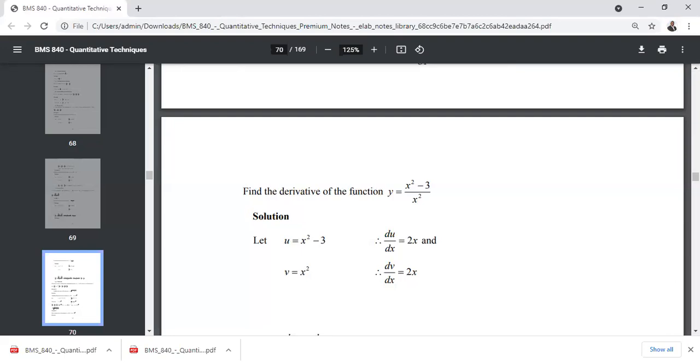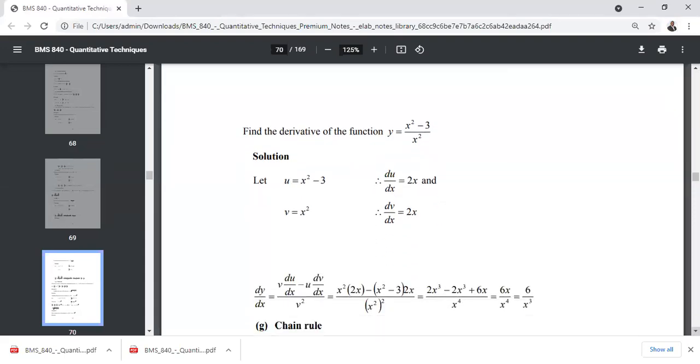So if we supply that in the formula, we're going to get our x squared multiplied by 2x, which is the derivative, minus our v, our u. Our u is x squared minus 3. Then dv over dx has given us 2x.